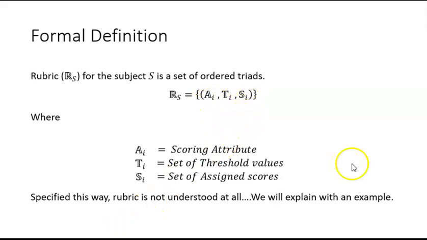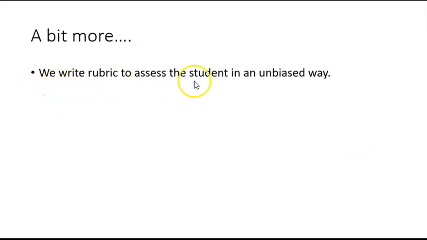Before we give an example, let us see in a bit more detail why a rubric is needed. I'll try to be very brief, but let us agree here that a rubric is a useful thing, and we'll see what that use is. This rubric is needed to assess the student in an unbiased way.